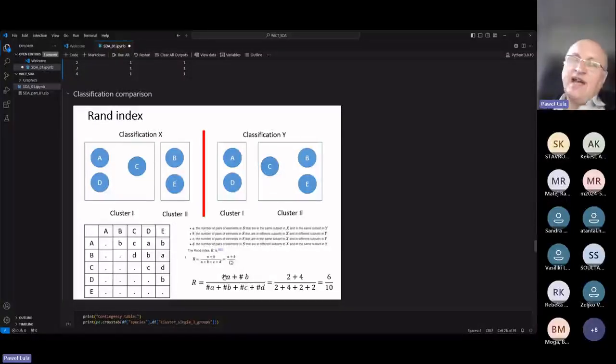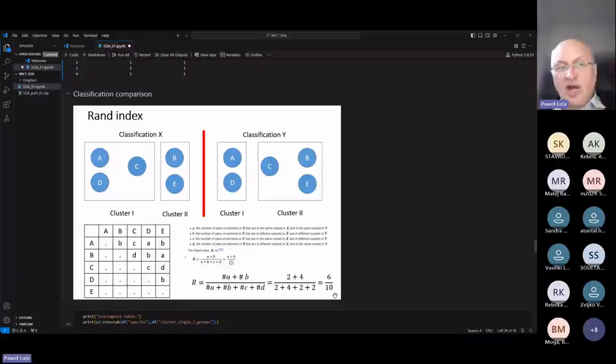This hash symbol means number of occurrences. How many times letter A is here, plus how many times letter B we can find here, divided by the number of occurrences for A, B, C, and D. So for these two classifications, we have rand index equal to 0.6.